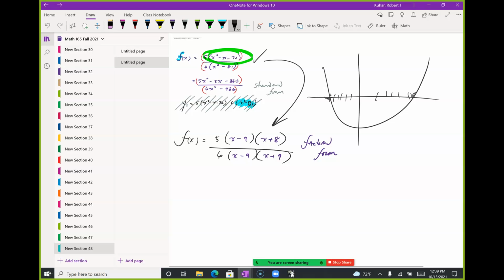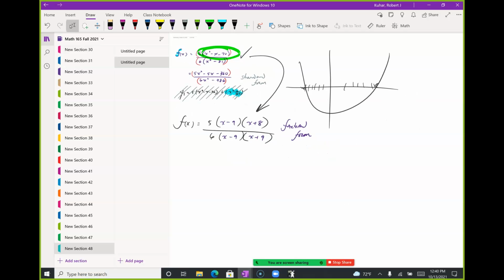So if you're having trouble factoring quadratics, you could treat them just like a polynomial, which they are. Look and see where it hits a 0 and do synthetic division on it. Does that make sense at all?